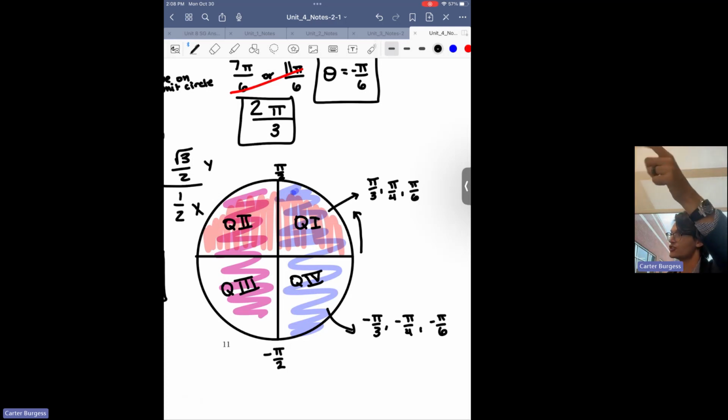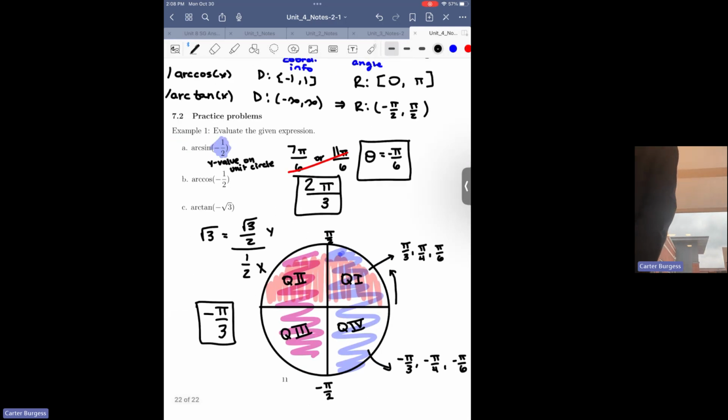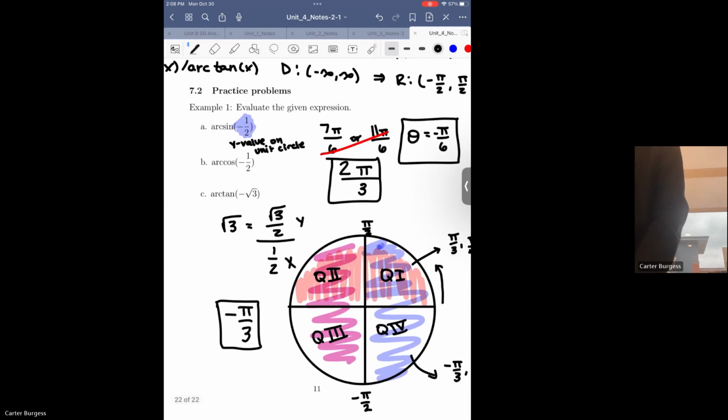It's just the negative versions of the quadrant 1 angles. That's really the only change that we're going to be using. Yeah, absolutely. 2 pi over 3 is the solution for B, not for A. For A, the solution was negative pi over 6.